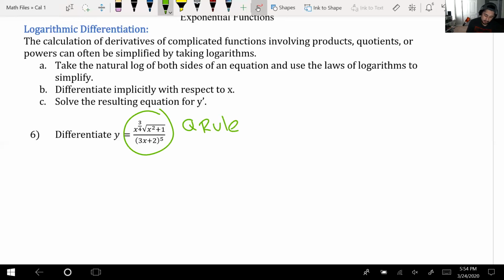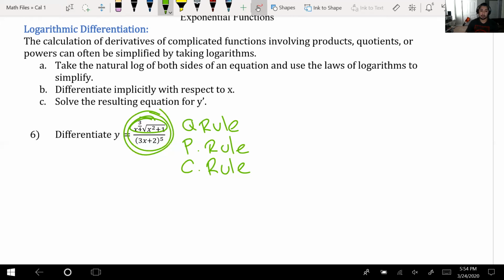Second, the numerator would need product rule. Third, everything in here, the square root and 3x plus 2 plus 5, would need chain rule. So you would have to apply all 3 rules and do a lot of algebra just to get this derivative.